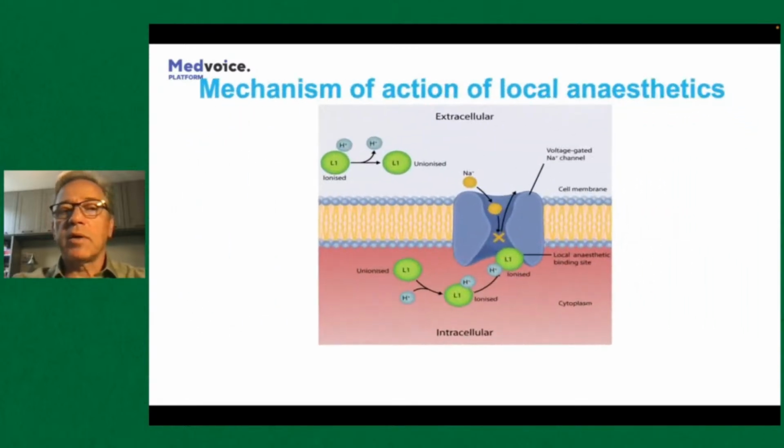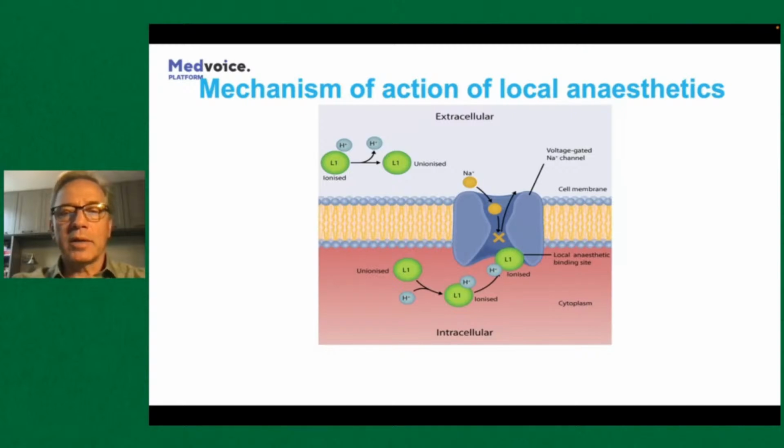Let's talk a little bit about the mechanism of action of local anesthetics. I'm just going to remind you how it works. We already spoke about the non-ionized form and ionized form. On this slide, they call them slightly differently, unionized and ionized. So the unionized or non-ionized form goes in.